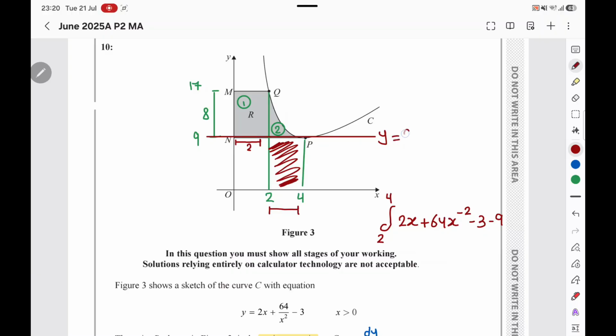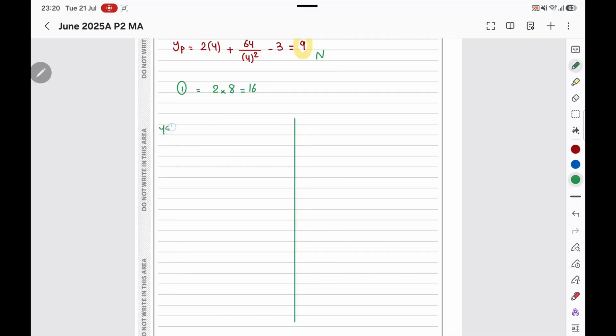This line is y equals 9, right? So I can subtract the equation of the line, y equals 9, from the curve. Either way is true. This is the first approach, and this is the second approach.